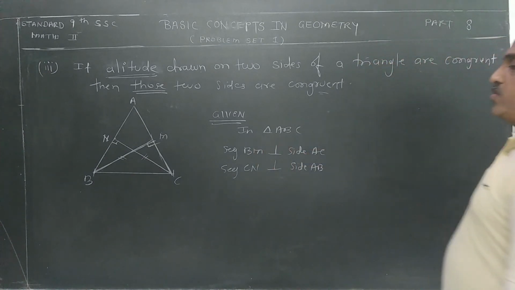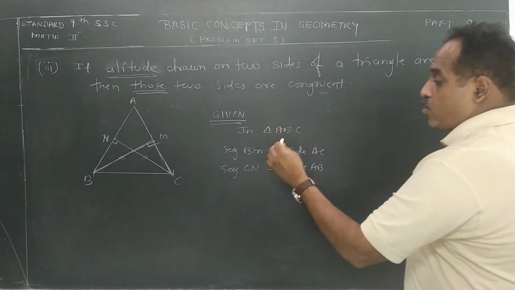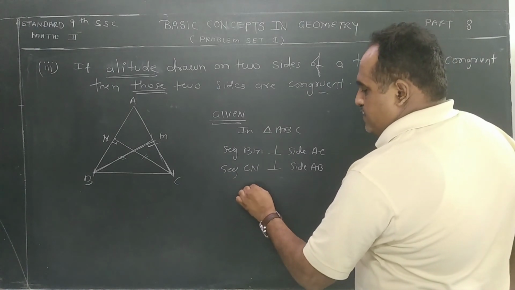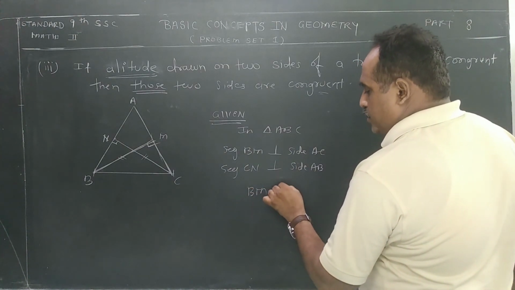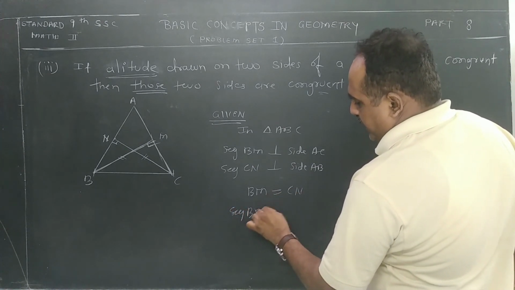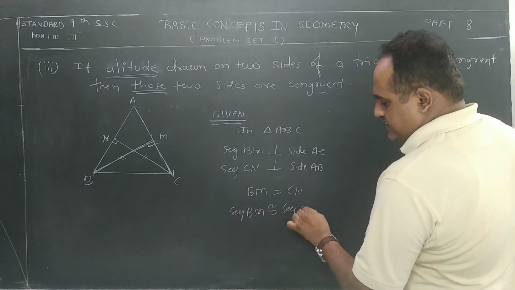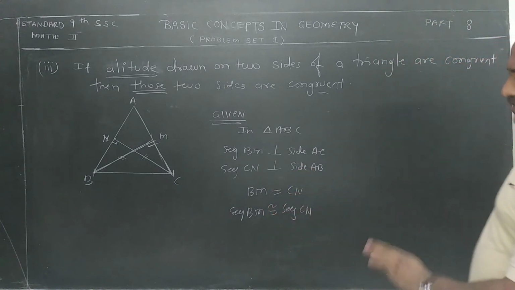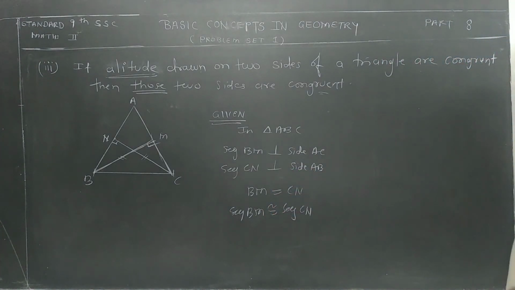That is the altitude. And these altitudes are congruent, means BM is equal to CN, or segment BM is congruent to segment CN. If you are writing one of them or both of them, it will be okay.